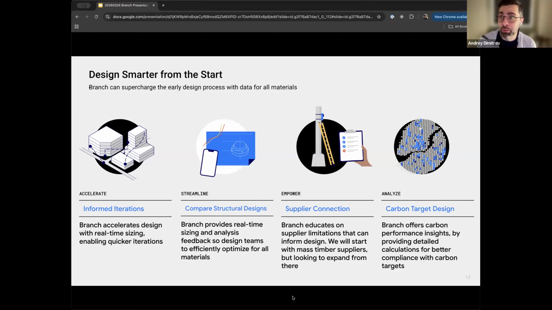This all starts making a lot of sense when we actually integrate suppliers into the mix and have real data about inputs, construction constraints, different carbon footprints, and eventually pricing as well. And finally, there are unified metrics around takeoffs and also carbon that really are going to help in seeing the full picture of the design very early on in the process.